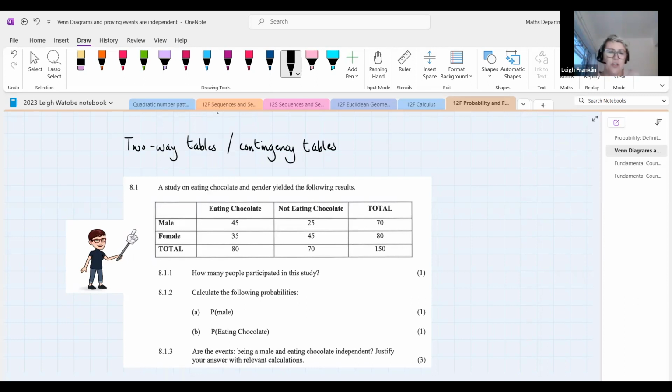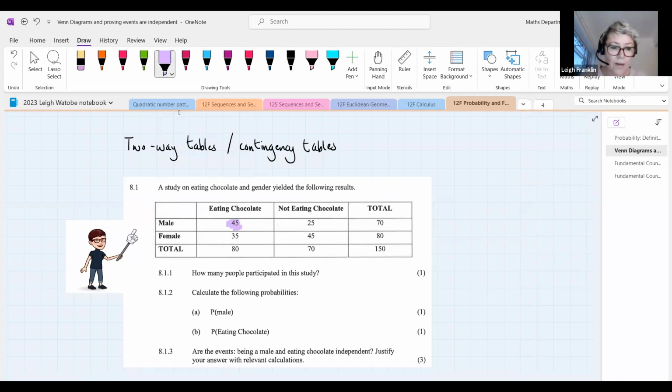It often has to do with gender, and it's two ways because there's two ways of looking at the information. The first way is on whether people eat chocolate or don't eat chocolate, and our second way is whether people are male or female. So this cell over here is male and eats chocolate.